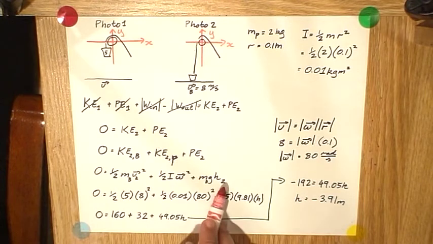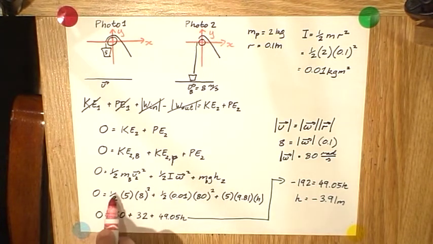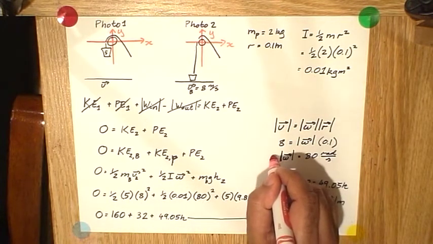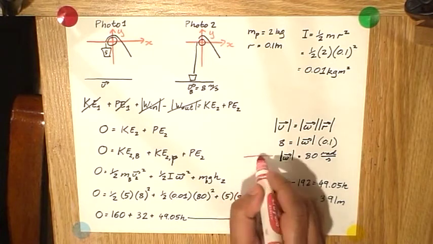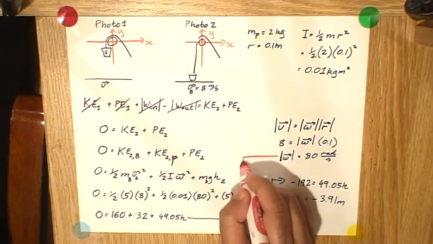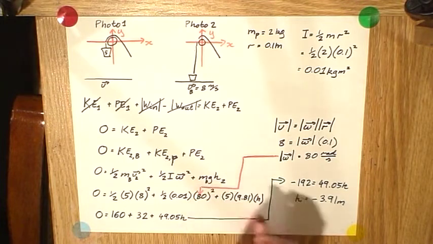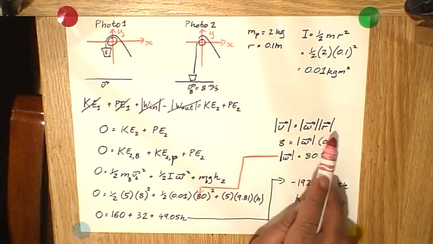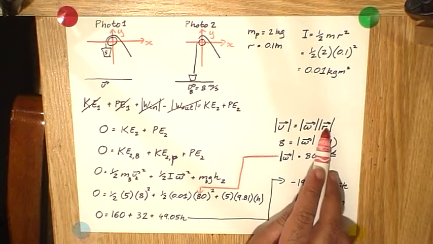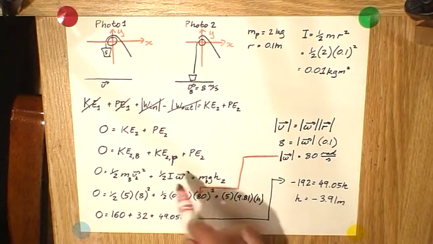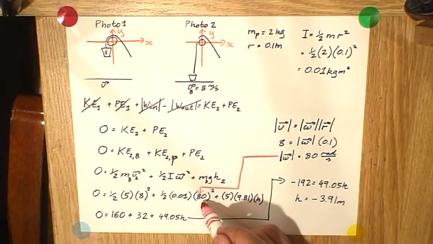When we expand everything out, we were given the linear velocity of the bucket as 8 meters per second, but we had to solve for the rotational velocity, which was easy to do because as long as things are not slipping, the rotational velocity times the radius will just give you the linear velocity. So that's the value that we had to plug in to conservation of energy.